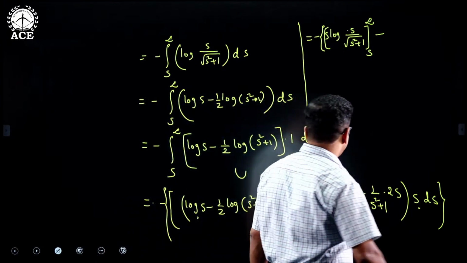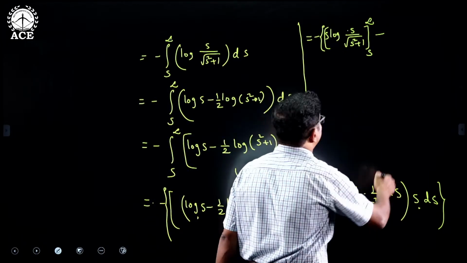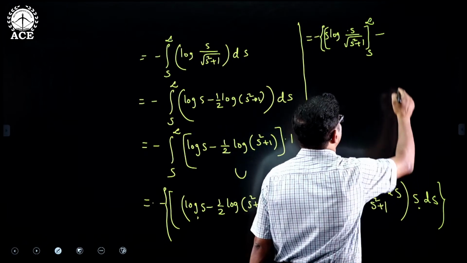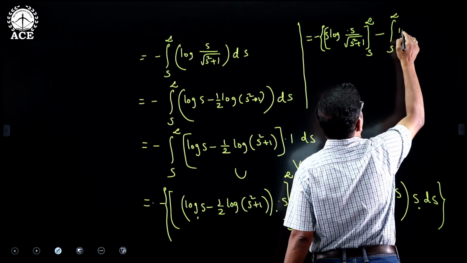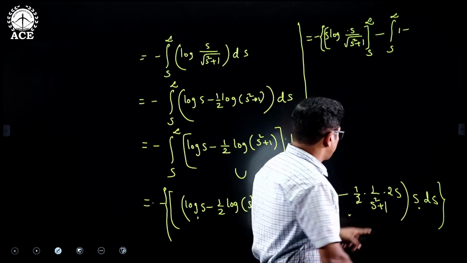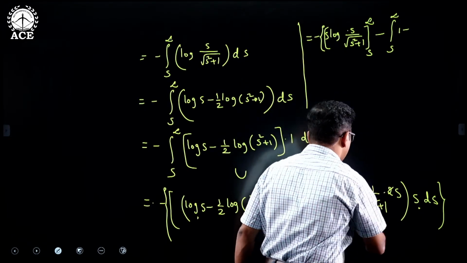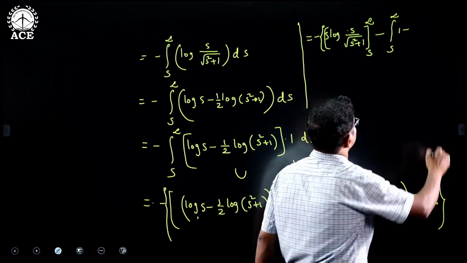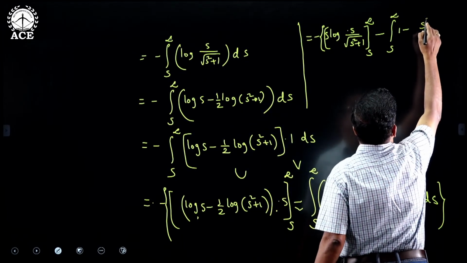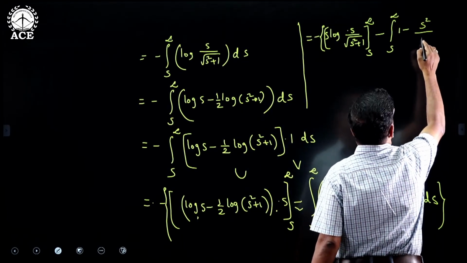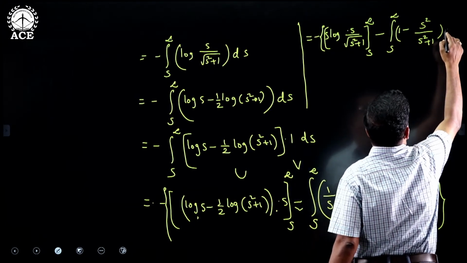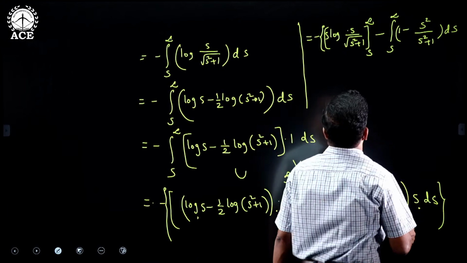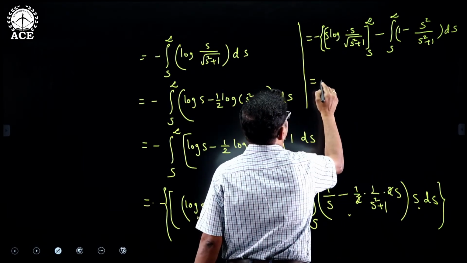Okay, minus. Here s into s will get cancelled, and integration s to infinity of 1 minus, and this 2 gets cancelled, so s square plus 1 into ds. Okay, so which is equals to minus.